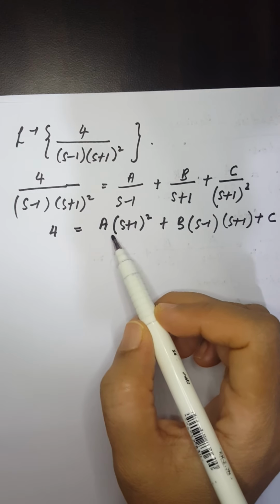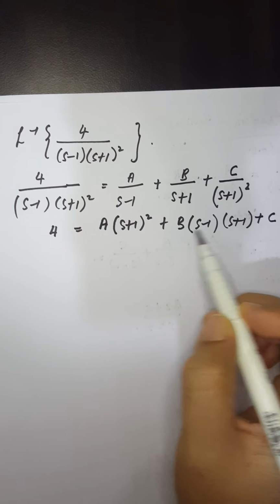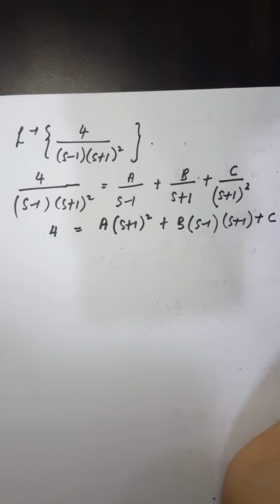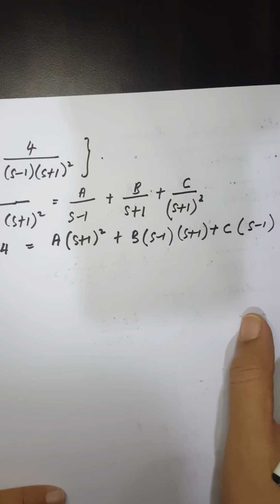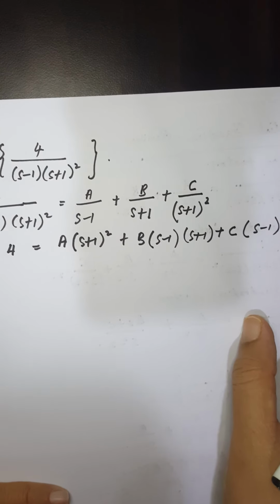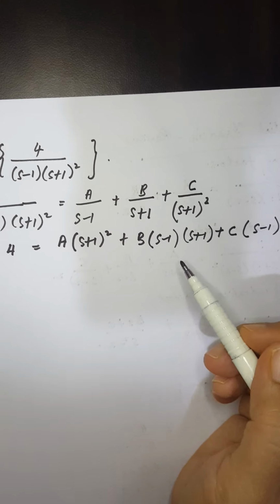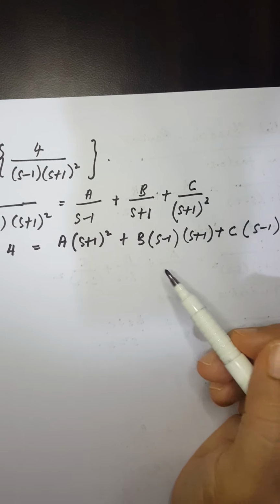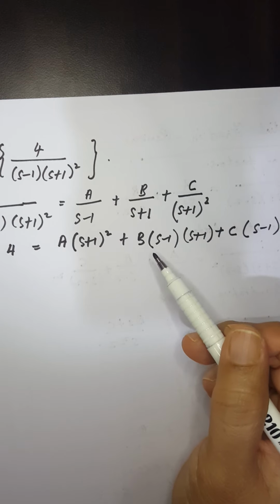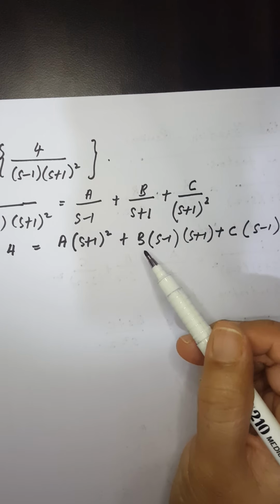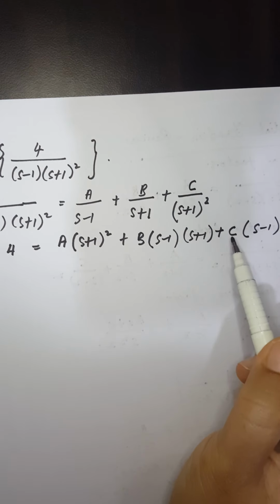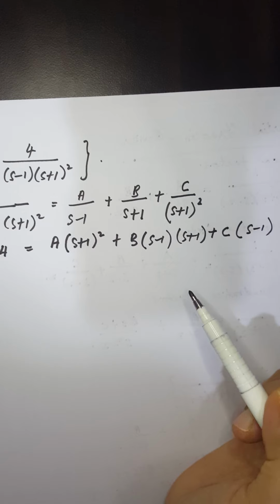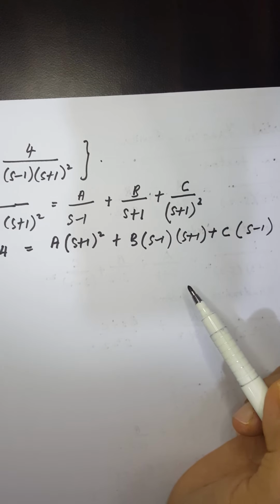Now we have three constants A, B, and C. That means if we want to find one of them, we need to eliminate two constants. So if we want to find A, we need to eliminate B and C. Okay, so let us see.